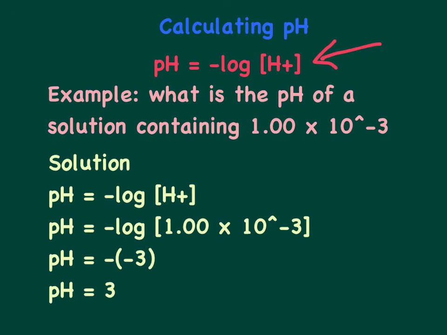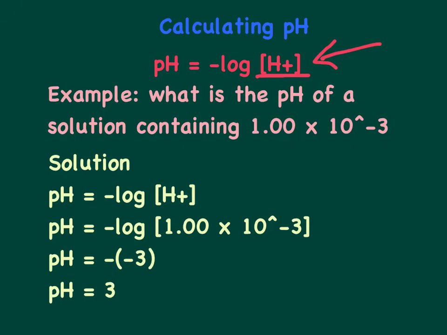What you do need to know is the hydrogen ion concentration, and that's what's here. This square brackets with the H plus symbol represents the hydrogen ion concentration. And the way we calculate pH is it is equal to the negative log of the hydrogen ion concentration. The log symbol is on your calculator. If you have a scientific calculator, you'll find it on there.